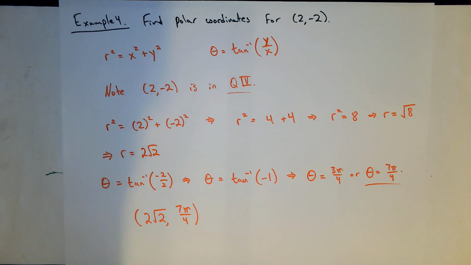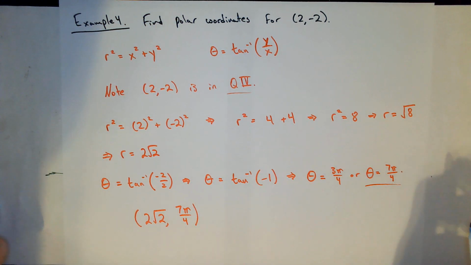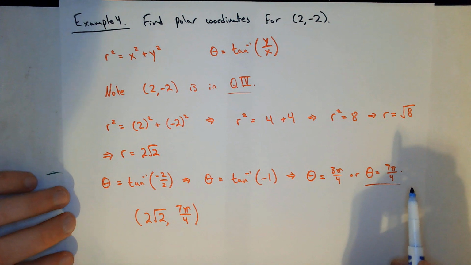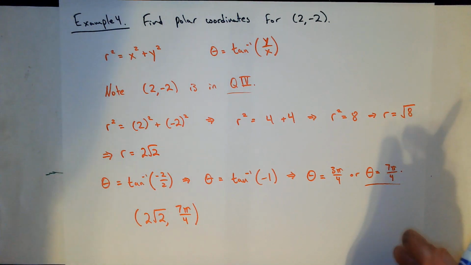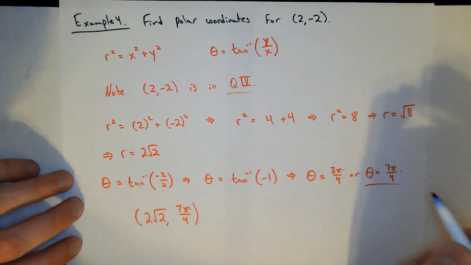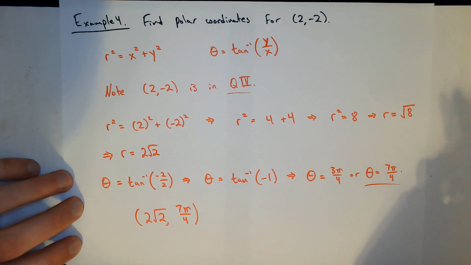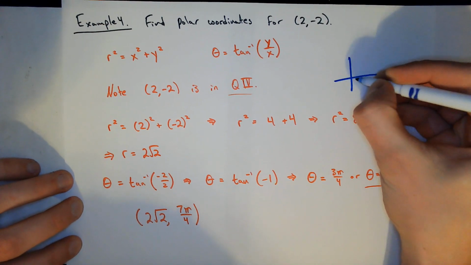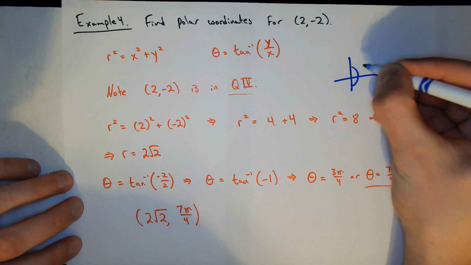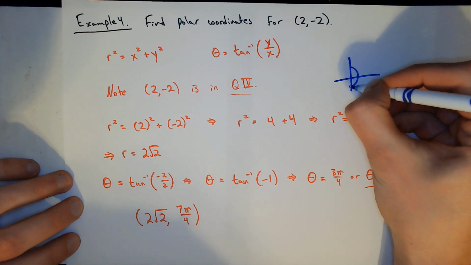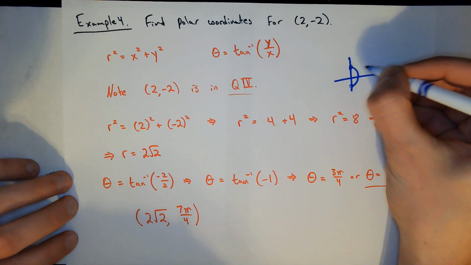That's a good point. I neglected the whole range of the tangent inverse function. Tangent inverse, its range is only supposed to be over here from negative pi over 2 to pi over 2, right?